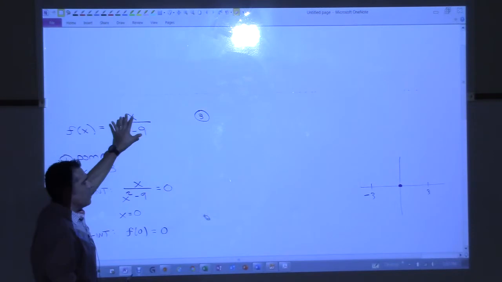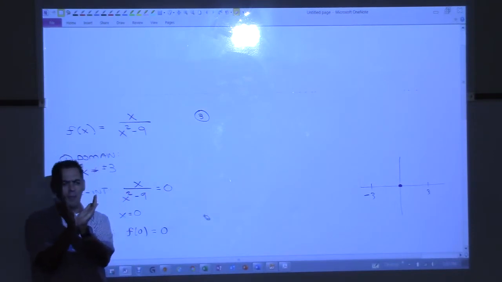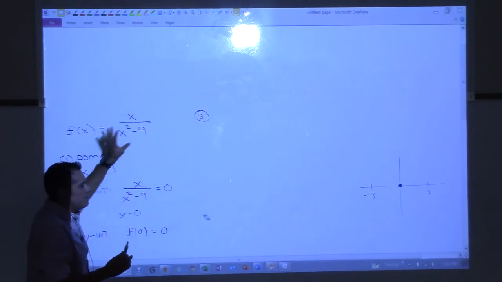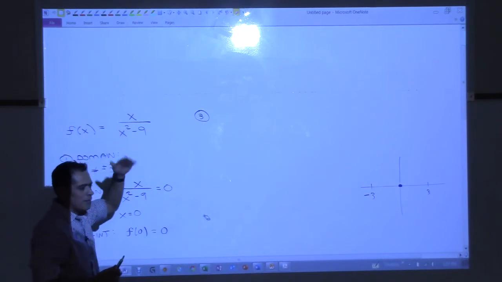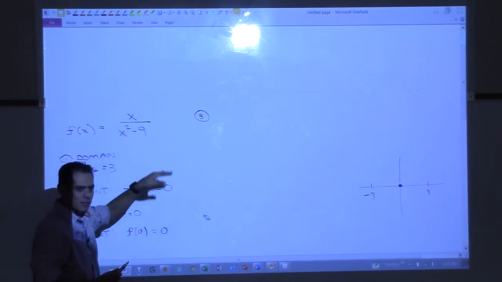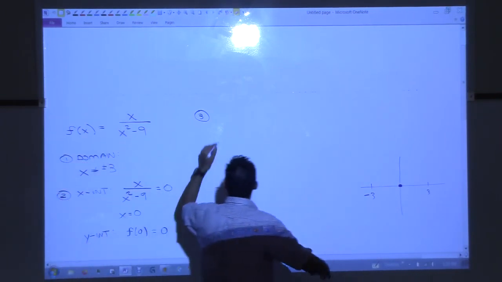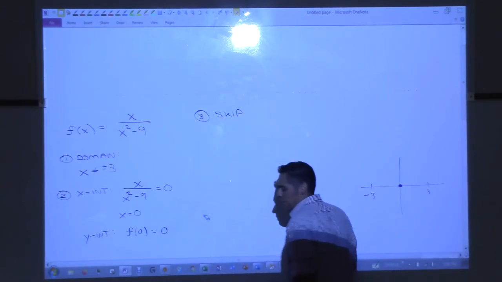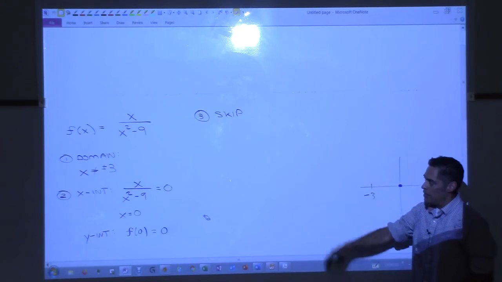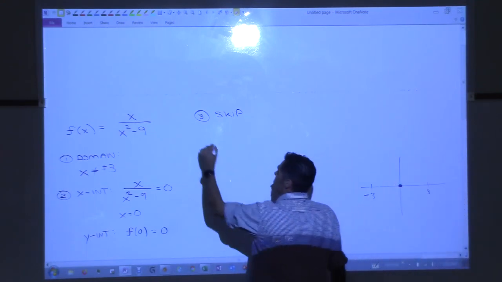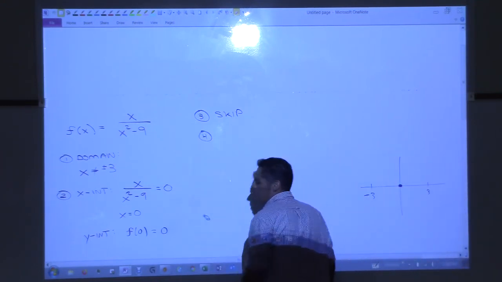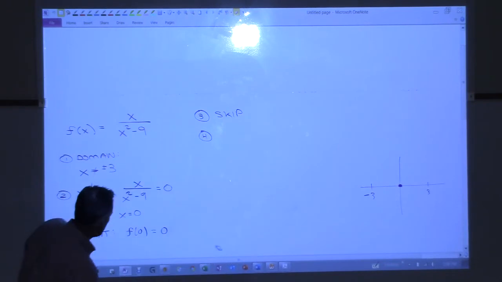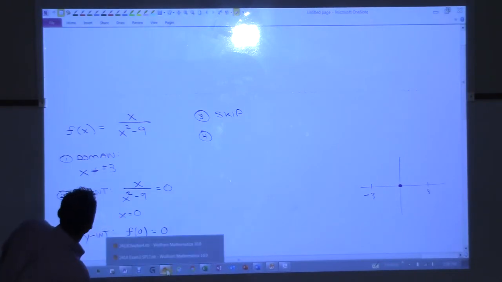Like if this were just x squared, like a parabola, I think you would say, okay, yeah, we've got symmetry. But I don't want you to have to go very far in your mind for this. If it's not obvious, just move on. We'll have more than enough information to graph it, even without that aspect of it. Okay, so we're just not even caring about symmetry. What was next? I don't have these steps memorized.